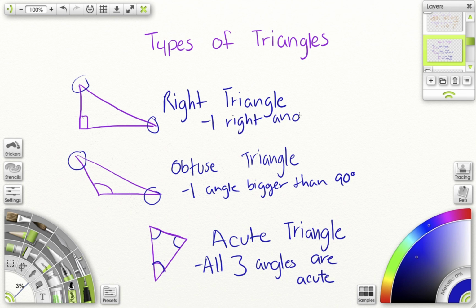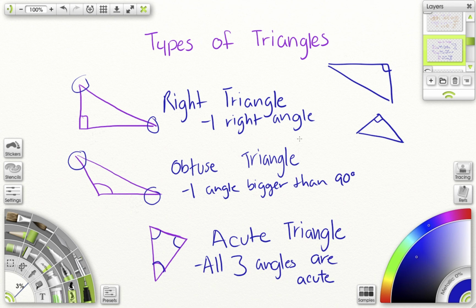So if that triangle has one right angle in it, even if it looks like this, or like this, but they have these little right angles, that's how you know it's a right triangle, because there's one angle that is a right angle. And that's essentially it. So you have your three different types of triangles. Right triangle and obtuse triangle only have one angle that is different, and that one angle will tell you what type of triangle it is. Acute triangles, all three angles will be acute.